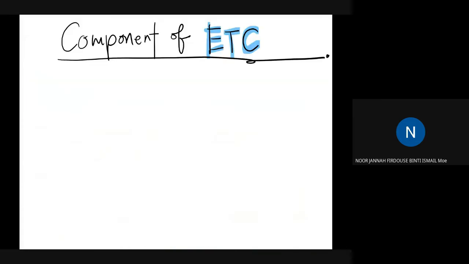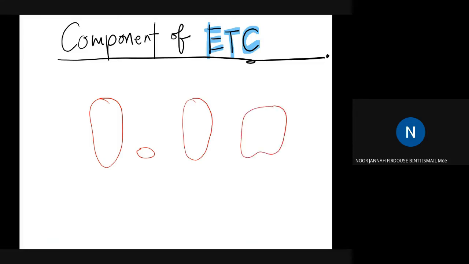So for the components of the electron transport chain, remember there must be complex 1, complex 2, complex 3, and then complex 4. And in between complex 3 and 4, there is a mobile carrier.